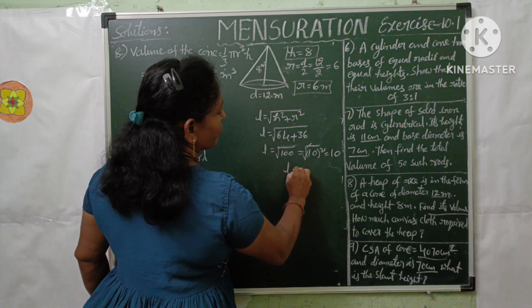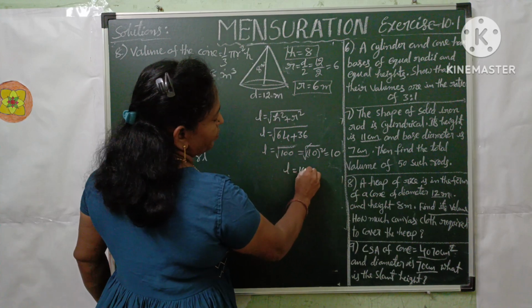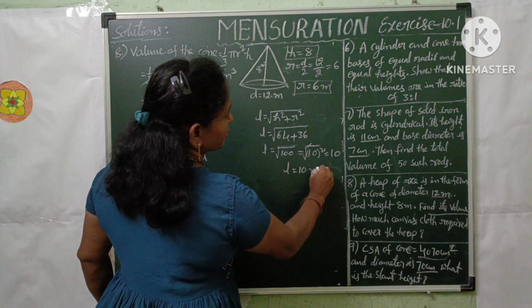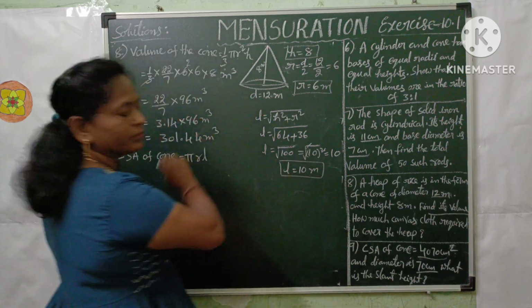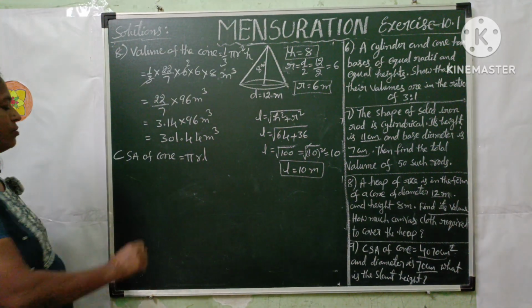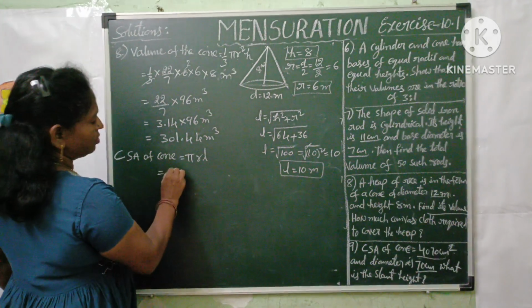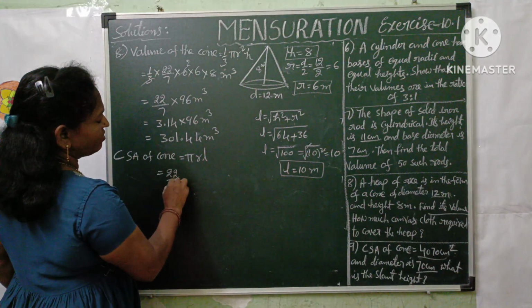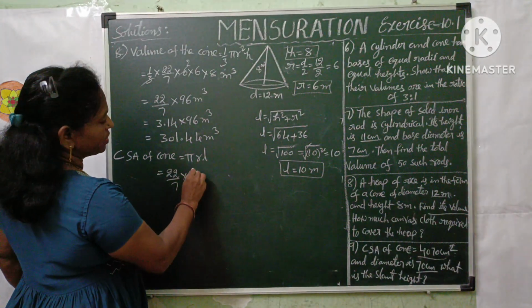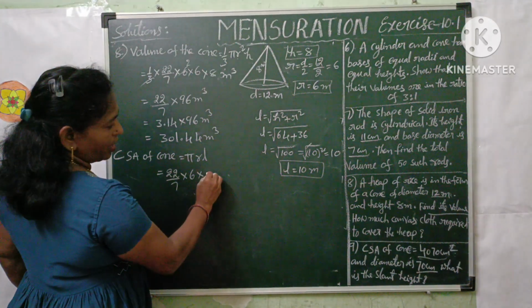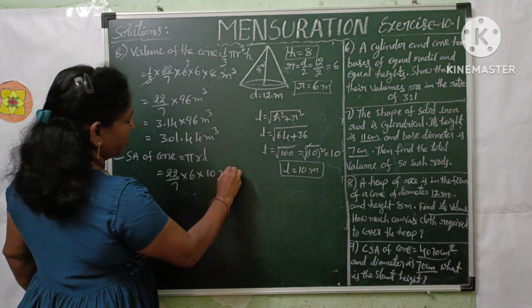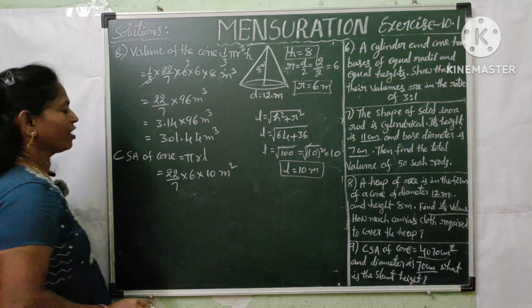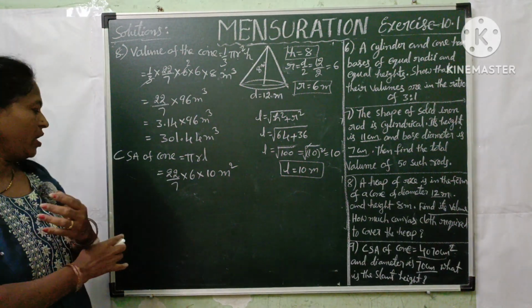So here l equal to slant height of the cone equal to 10 meters. Okay, right. Now substitute here. That is equal to pi value 22 by 7 into radius 6 into slant height 10 meter square, because curved surface area.